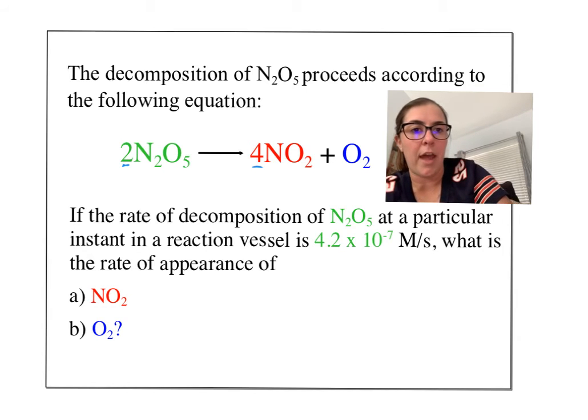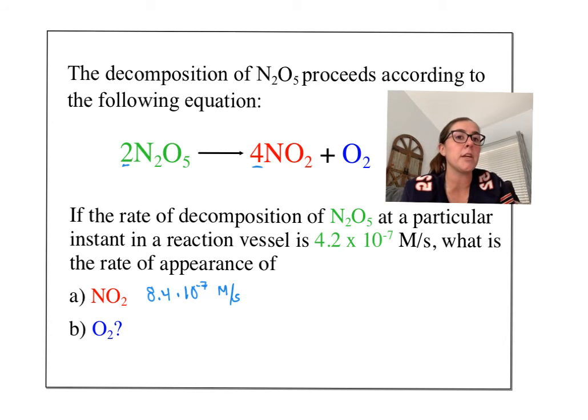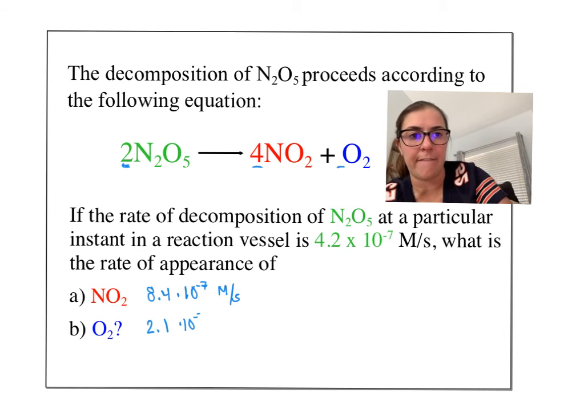So let's just double that: 8.4 times 10 to the negative 7th molarity per second. Okay, so NO2 appears twice as fast, so that's double the rate. What about O2? Well, that's going to appear half as fast because we have a 2 to 1. So let's cut that in half: 2.1 times 10 to the negative 7th molarity per second.